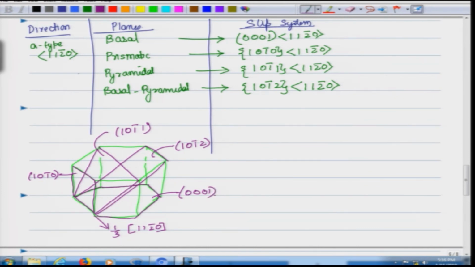So, these are the different planes; you can see this is the direction and all these planes, basal plane 0 0 0 1, 1 0 bar 1 0, 1 0 bar 1 1, 1 0 bar 1 2 and 0 0 0 1, they all contain this particular direction and all of these can lead to a type of dislocation slip system.